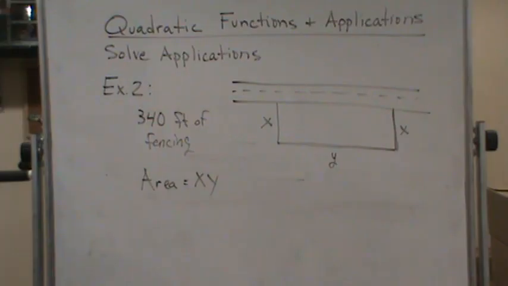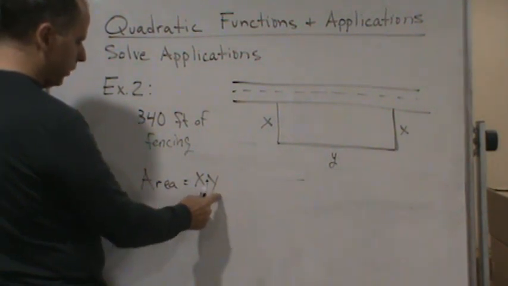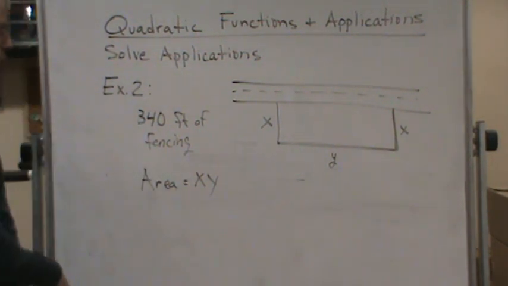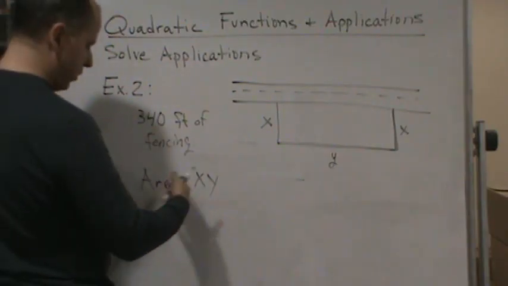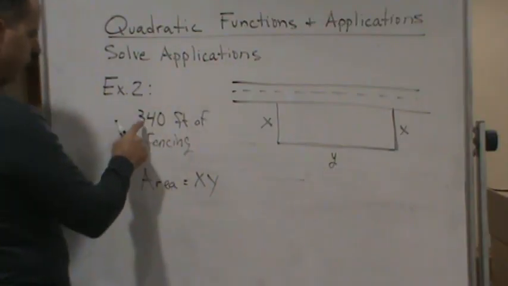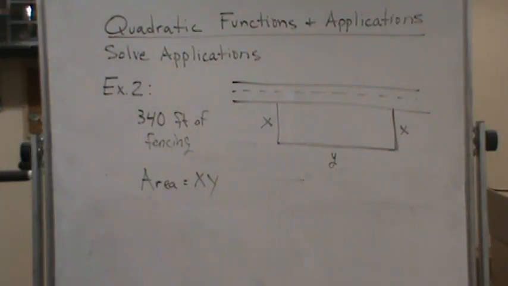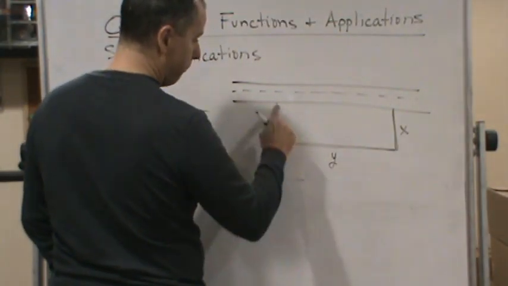Now, we need another equation though, because right now we've got one equation for area, but two variables, two unknowns. We're going to need another formula to get rid of one of these unknowns, because we've got to have this in terms of one variable. So let's use the 340 feet of fencing and another measurement, which is perimeter, minus the road.